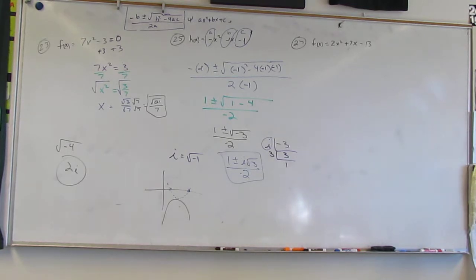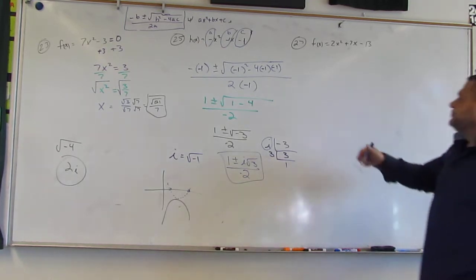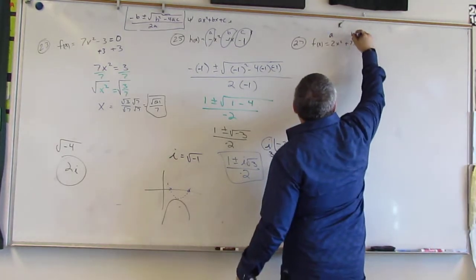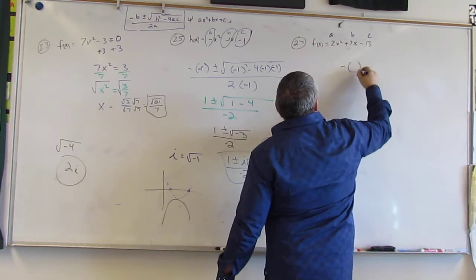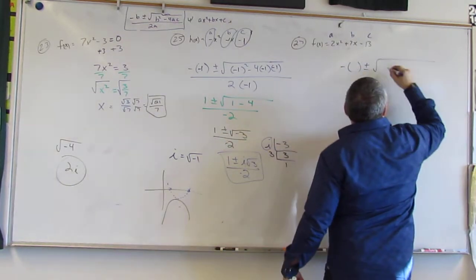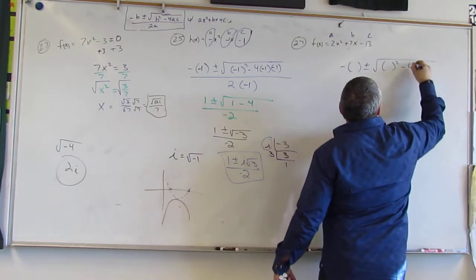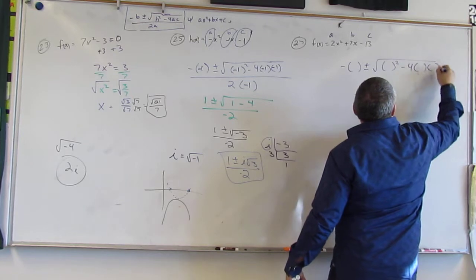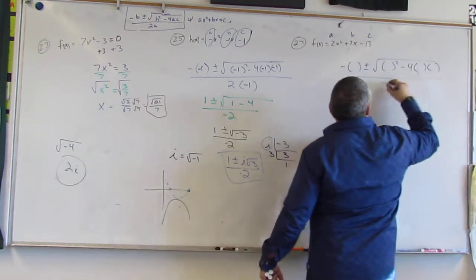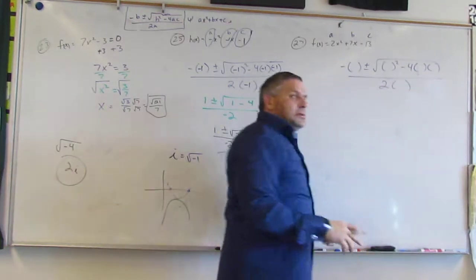Next. What I really want is to be able to plug this in. A, B, and C. So, negative B plus or minus the square root of B squared minus 4AC, all over 2A.